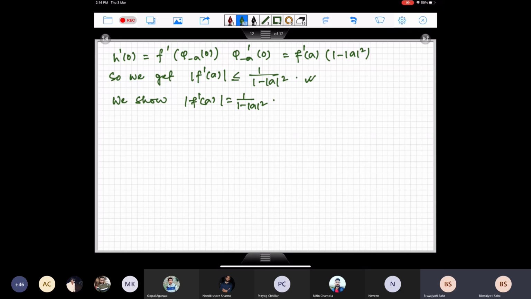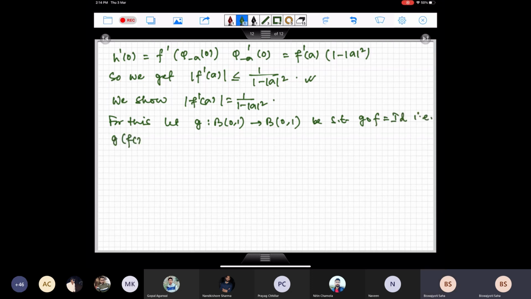For that purpose, let us consider the inverse of F. Let G from B01 to B01 be such that G composed F is identity, that is, G of F of Z is equal to Z.